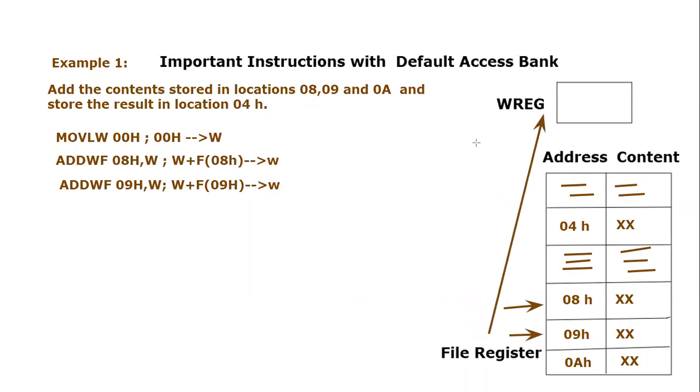It is quite possible that while you were adding these two values, a carry was generated, which will be stored inside the status register. So we need to know that maybe there is a carry stored in the status register. Next, let's say we write another instruction, add working file 0AH.